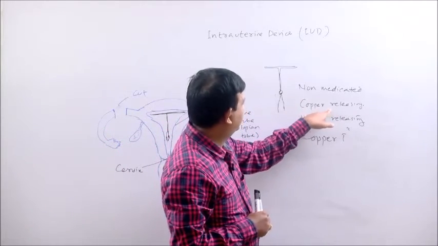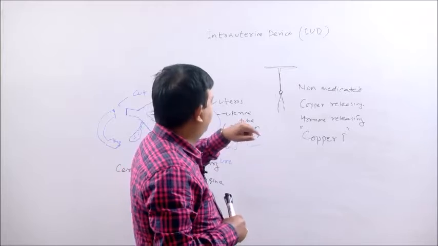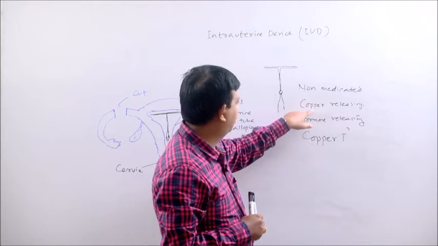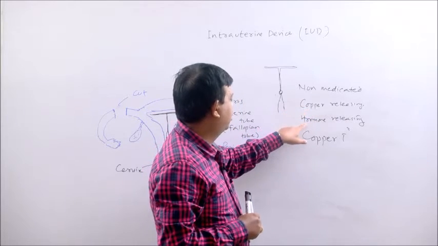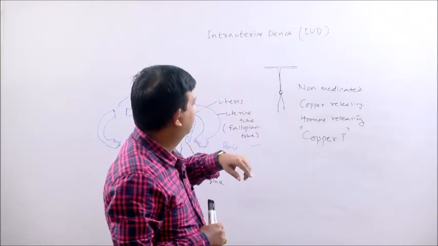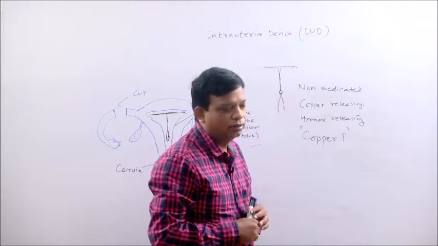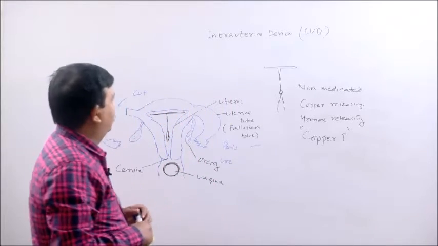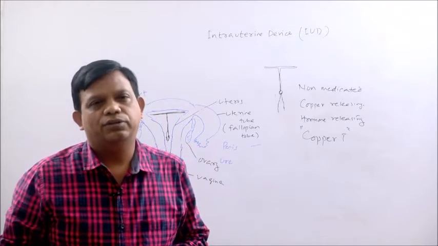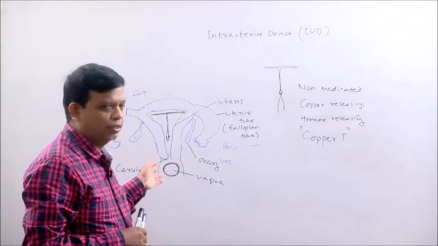The copper releasing intrauterine device releases copper. Copper affects sperm motility. It also suppresses the fertility of the sperm. The hormone releasing devices also suppress the fertility of the sperms. The problem with intrauterine device is that it may cause discomfort to the woman in whose body it has been placed.